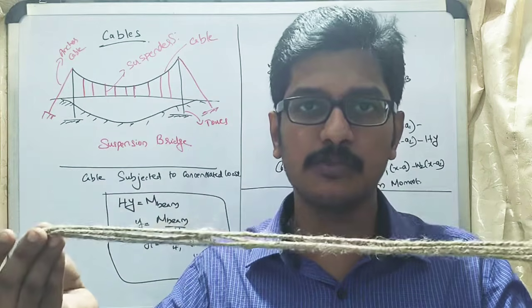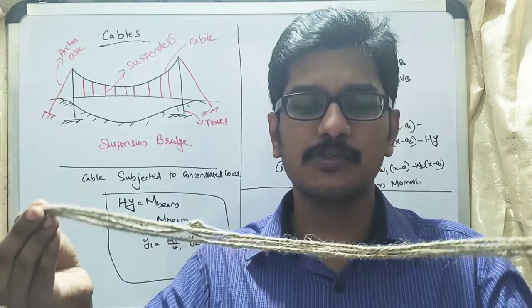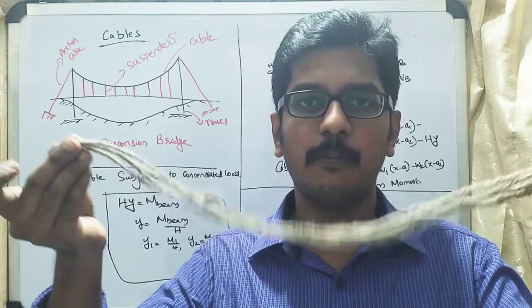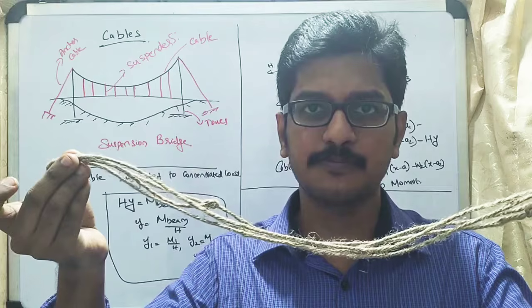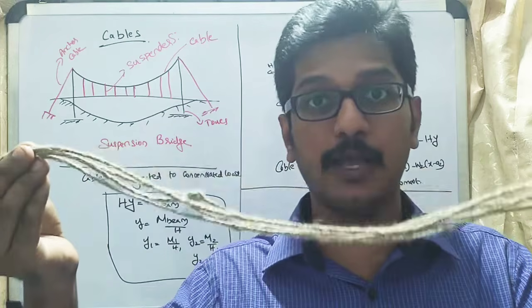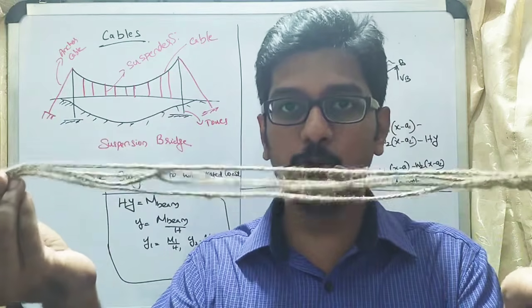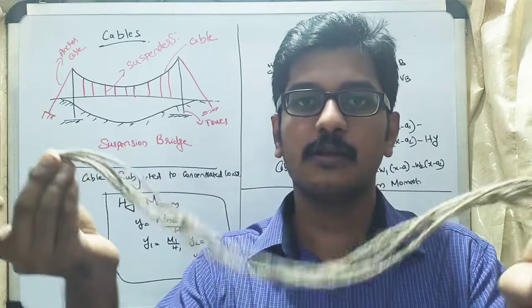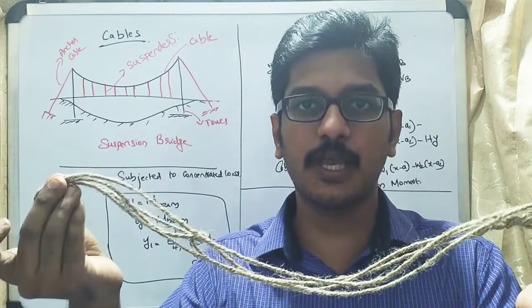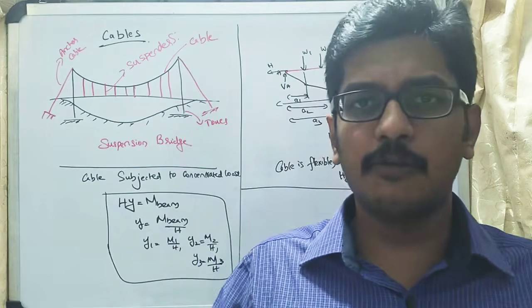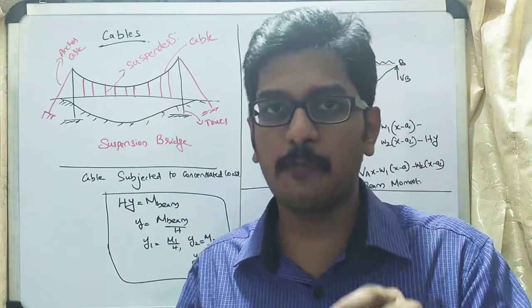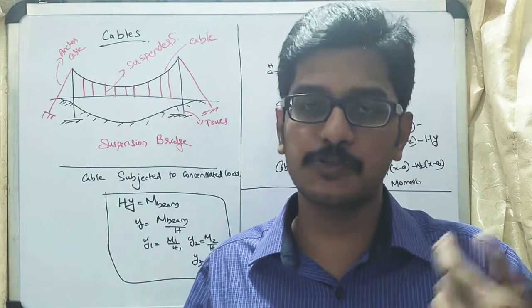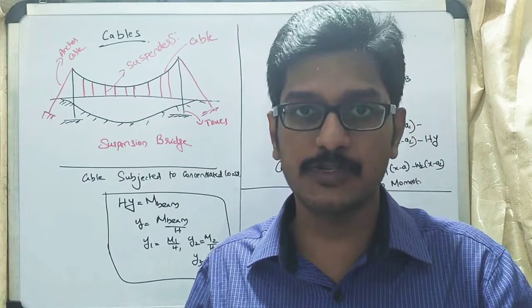In the case of cables, it is very flexible, so the chance of deflection is high. Even if we didn't apply any load, if it is very loosened, there is relaxation. Here we will discuss what is going to happen and how much deflection is going to happen when we apply some loads over the cable.